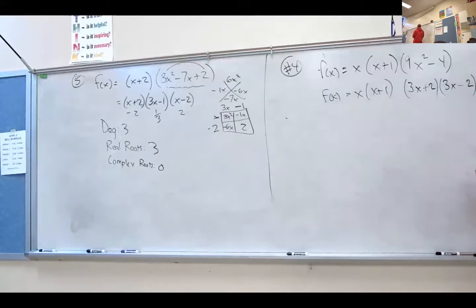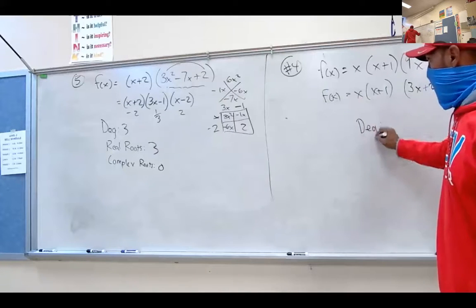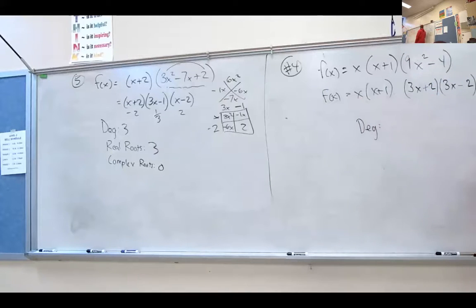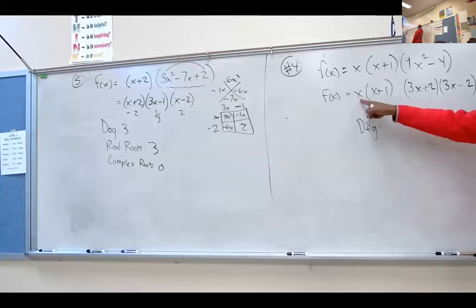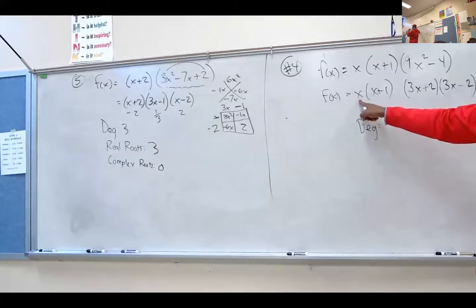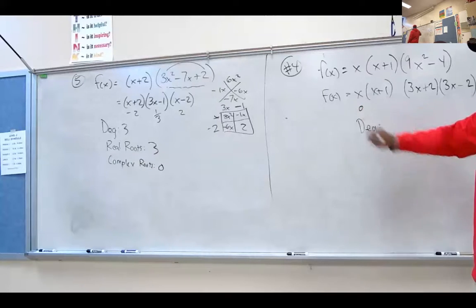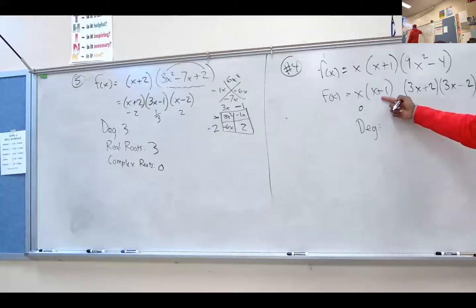So, first of all, what is the degree? 4. There's a root. What's the root from that? From just x? Not 1. 0. How about this one, x plus 1?